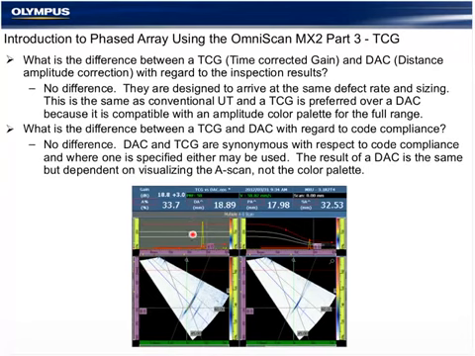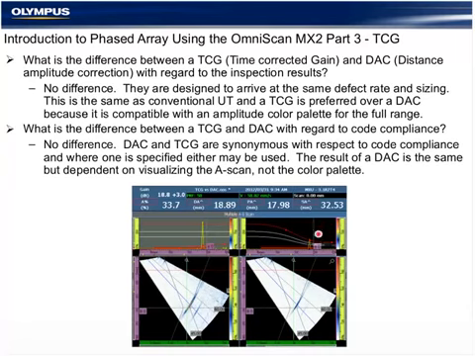The DAC does not permit that, so I must look at an A scan to visualize the DAC on every single flaw, which in some cases is not desirable. It's more difficult. Both of these provide the exact same information and code compliance.